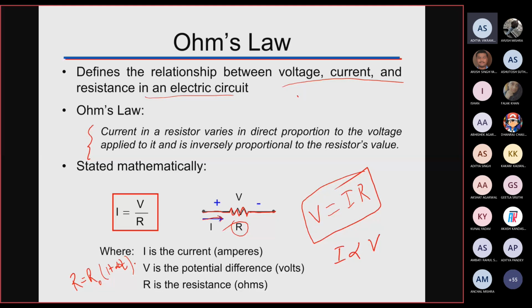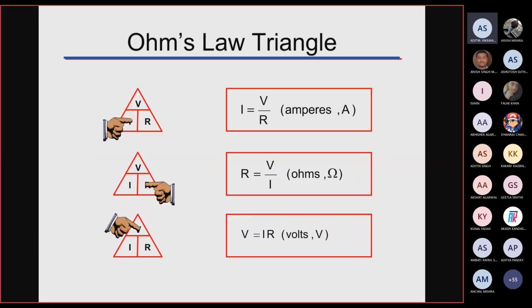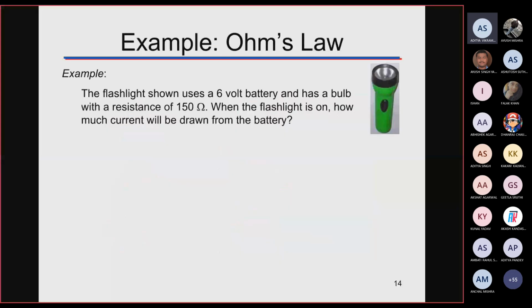Now these things are very basic. I don't think we should discuss these things, that I is equal to V by R, then R will be V by I. So these relationships are all the same, कुछ इसमें difference नहीं है. So now there are some examples: the flashlight shown uses a 6-volt battery and has a bulb with a resistance of this.